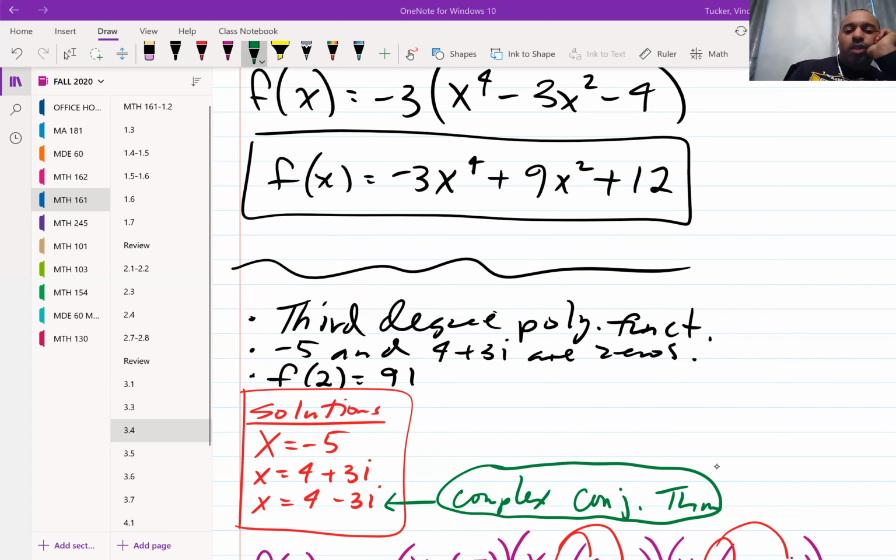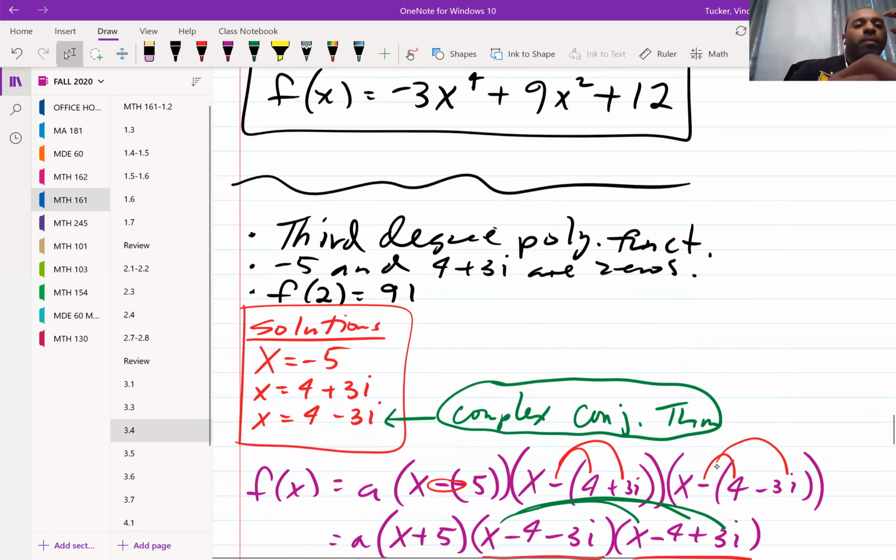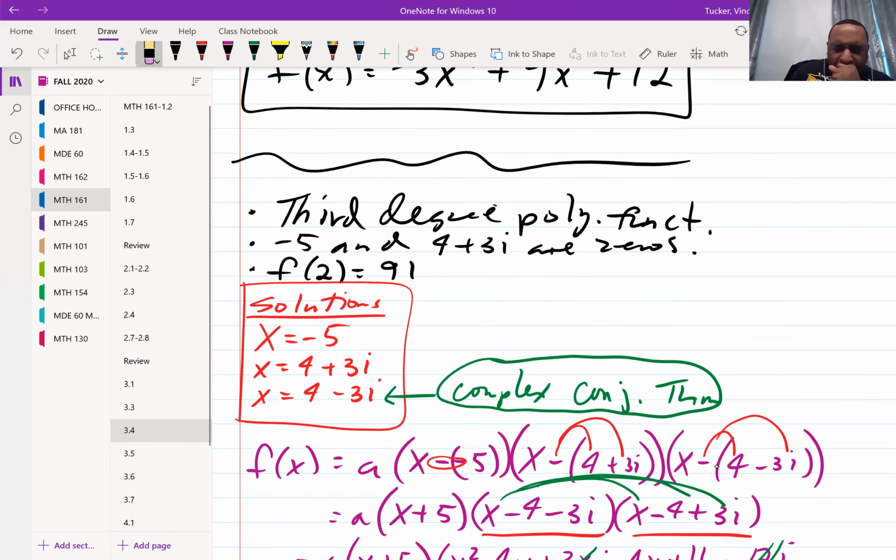All right, so remember what we would do. The way we would set this up is by putting a negative in front of our solutions when we put it back with x.